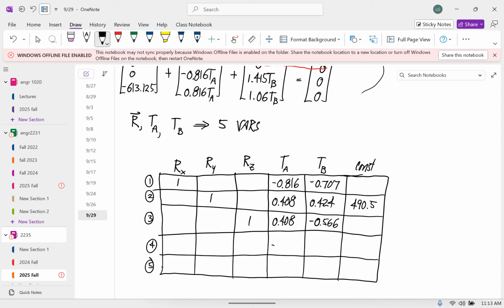TAs, we have negative 0.816. TBs, we have 1.415. Everything else is 0. The last equation, TAs, we have 0.816. TBs, we have 1.06. The constant on the other side is positive 613.125.